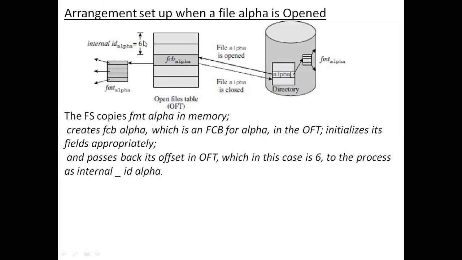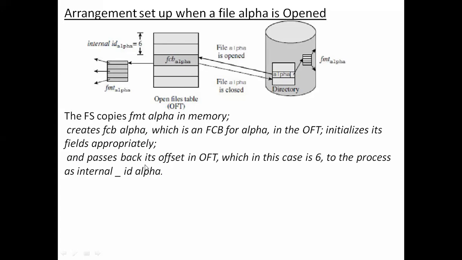So this 6, the internal ID of alpha, is passed back to the process as internal_ID_alpha. You can see here the overall arrangement. When file alpha is being opened, the file system copies the FMT of alpha into memory, creates FCB alpha in the OFT table, and initializes its fields appropriately.